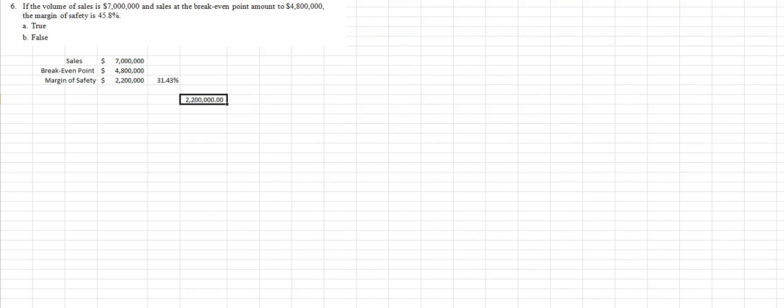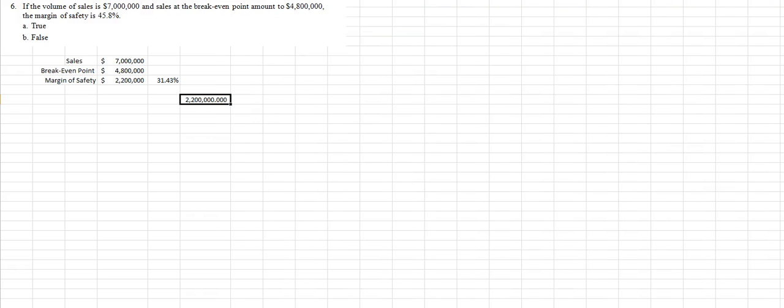So if I say you have sales of 7 million and you have a margin of safety of 31.43%, what's the break-even point? Well, that's quite simple. All you do is you take your sales and multiply it times 31.43%, and that gives you the margin of safety in dollars, right?